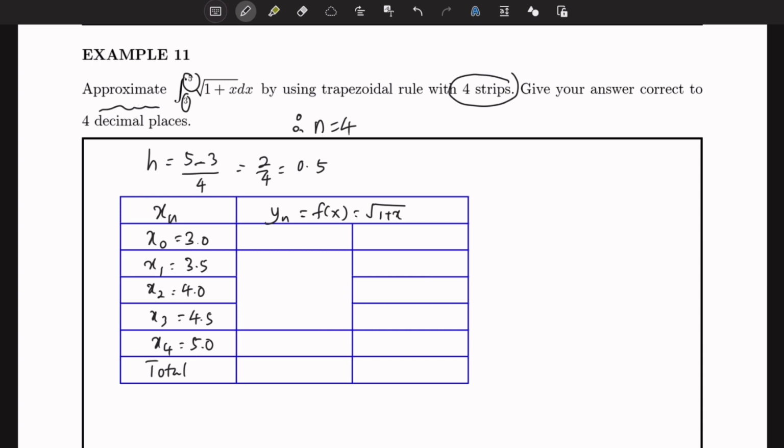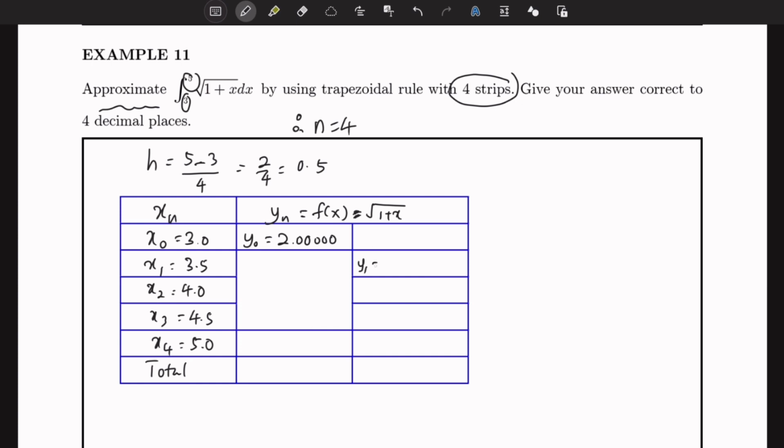So press your calculator. How do you use the calculator? We have shown you during the first video. Write down the value for y0, that will be 2.00, 4 decimal places, so in the working it should be 5 decimal places.